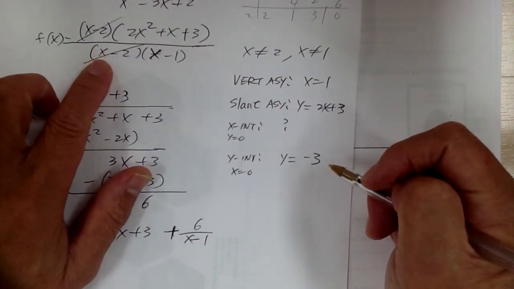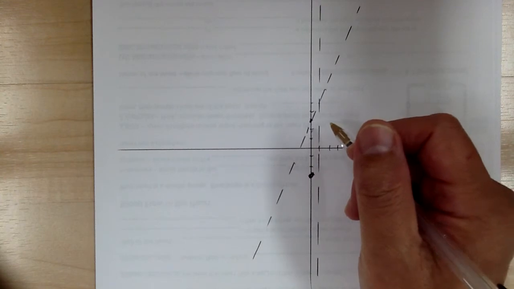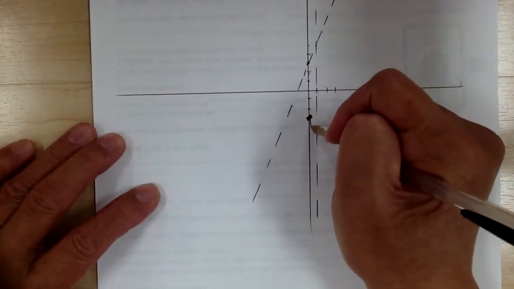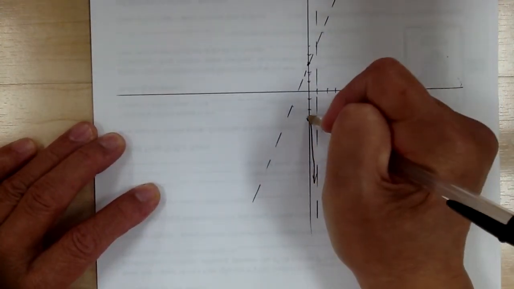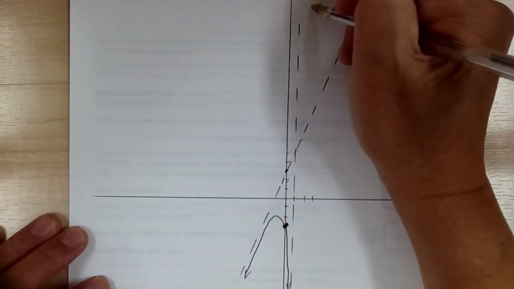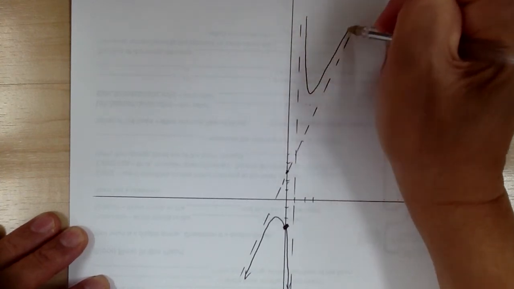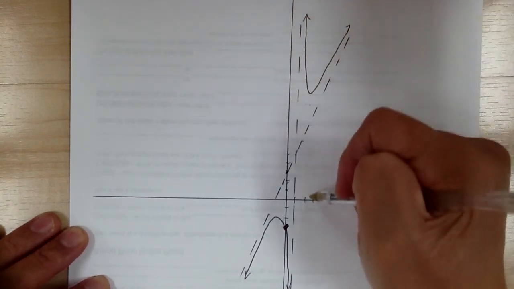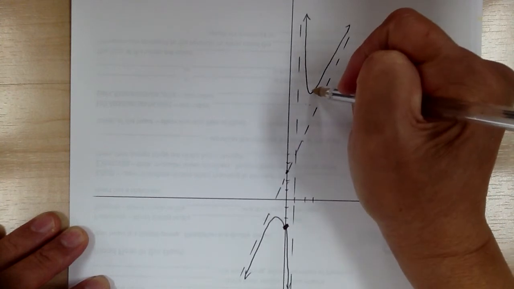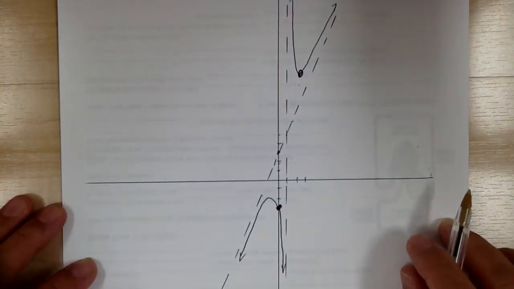And x equal to 2, there's a hole at x equal to 2. Anyway, so your graph is going to look something like this, and it's going to be like this. Okay. And right over here, there's going to be a hole. So this one you kind of just estimate, and that's going to be a hole right over here, open circle. Okay, so it's going to look something like that.